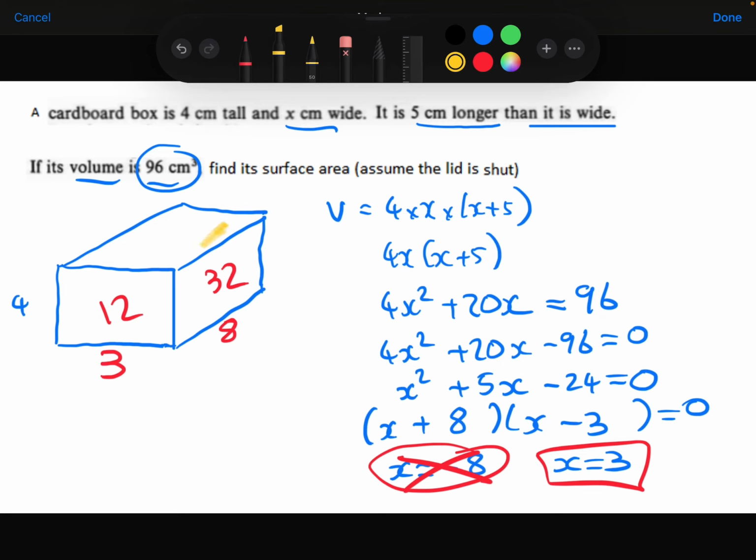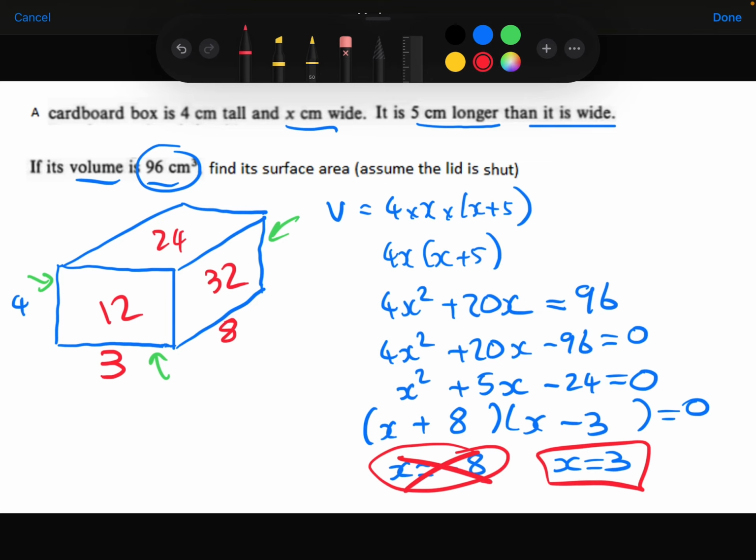The area of the top is going to be 3 times 8, which is 24. And then just remember, we also need to include the bottom, the back, and the far side as well.